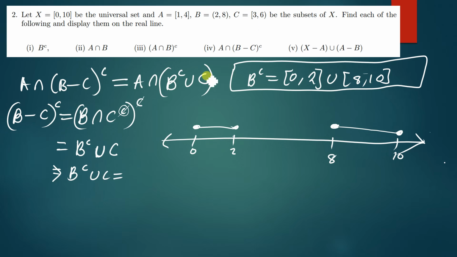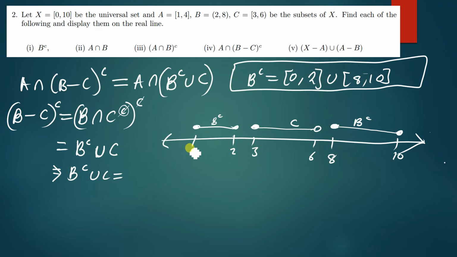So C is from 3 up to 6. It's shaded at 3 and it's open at 6. So this is 3, this is 6, and this is our B complement.